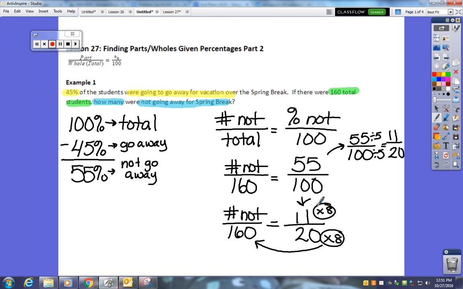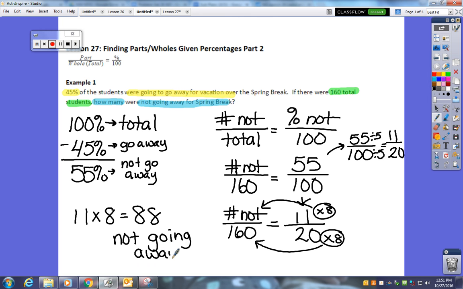So 11 times 8 will give us the number of students not going away. So before we could fill in our equal fractions for this problem, we had to subtract with our percentages. Very similar to what we did in lesson 25, only now we are subtracting the percentages instead of the numbers.